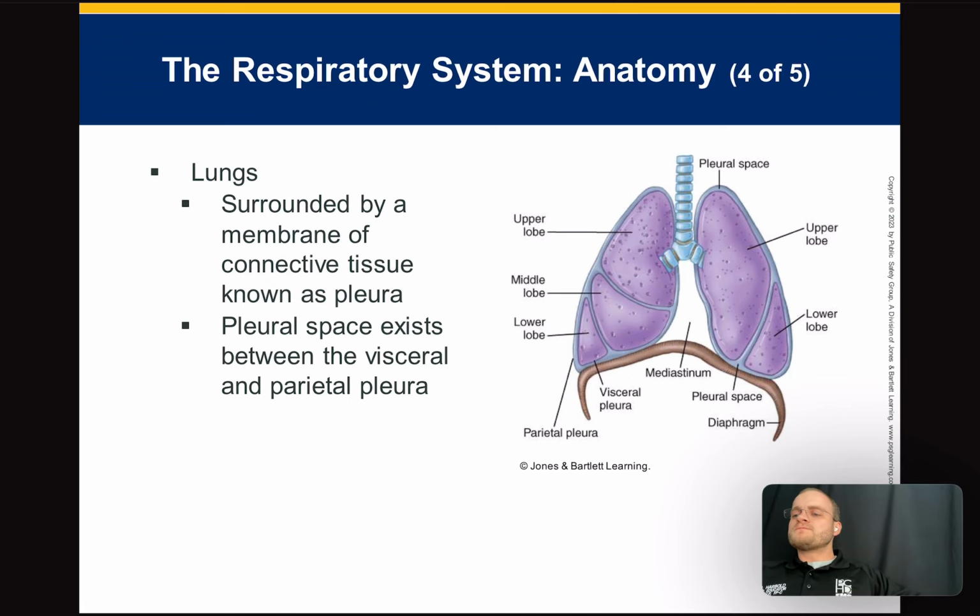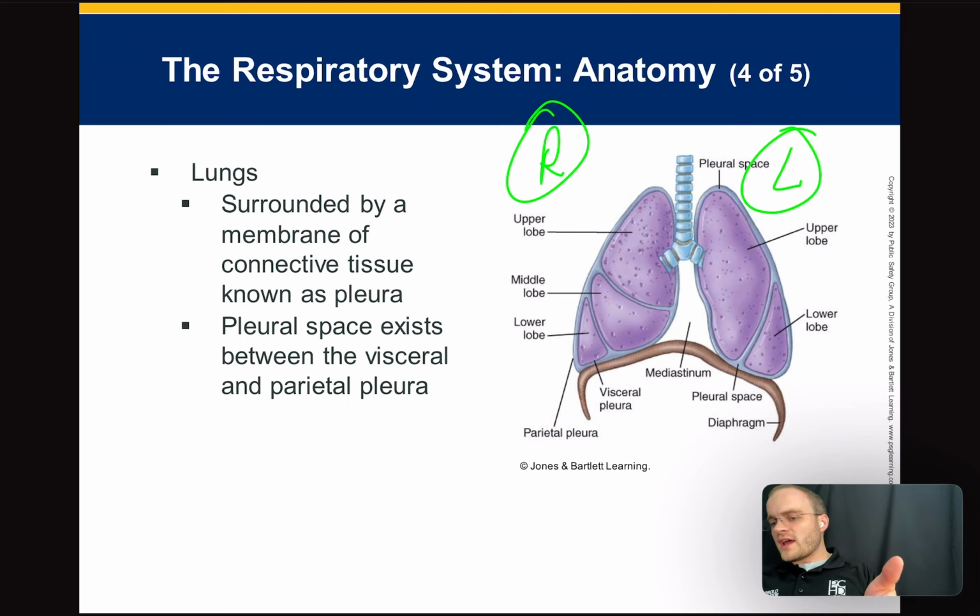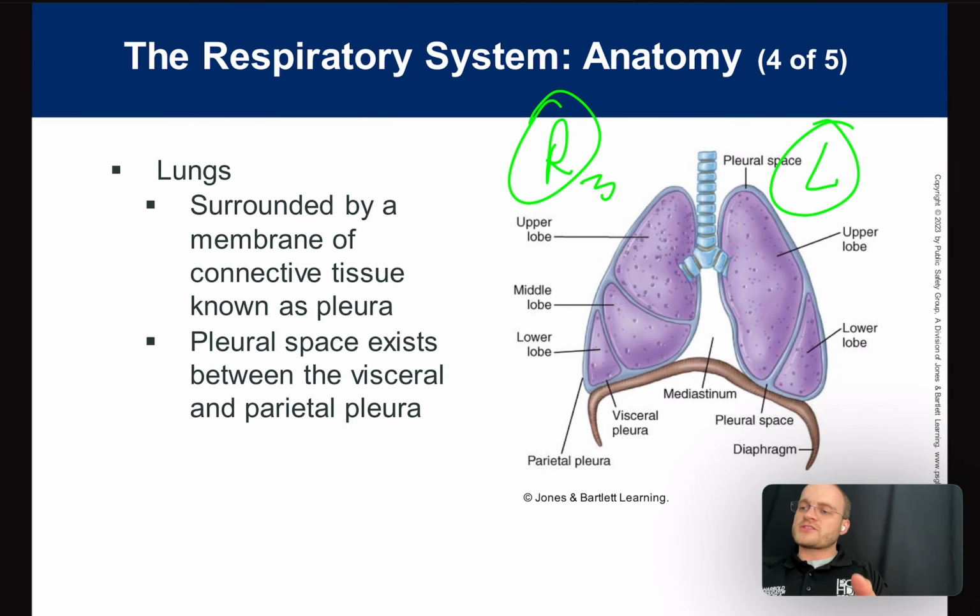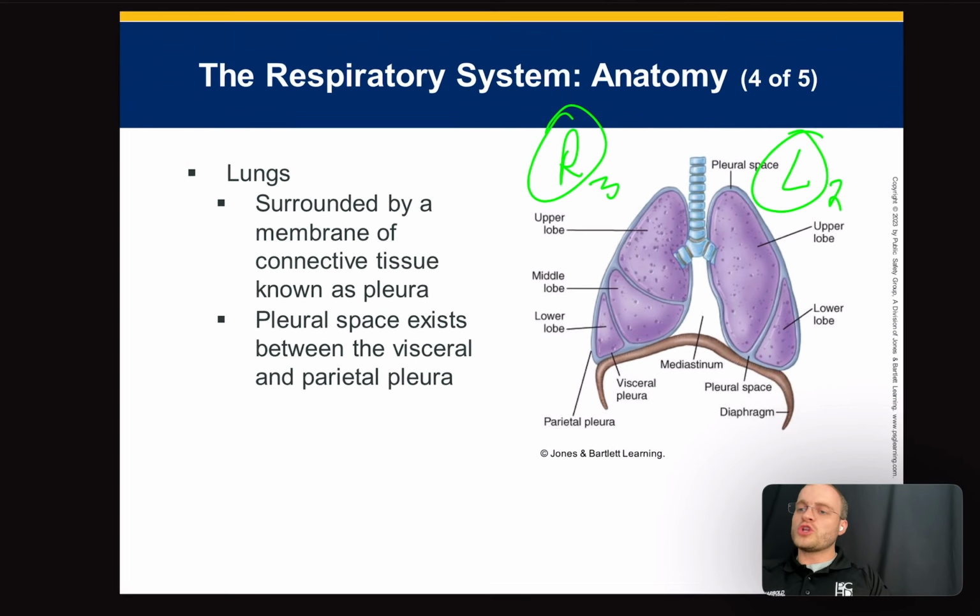Now, this is the patient's left and this is the patient's right. How do I know that? Because I'm looking at them. Most times when you look at anatomy, you assume you're looking at the interior view. But anyways, I know it's also the left and right because I just told you the patient's right side has 3 lobes, the left side has 2 lobes.